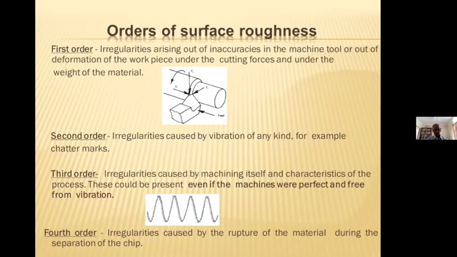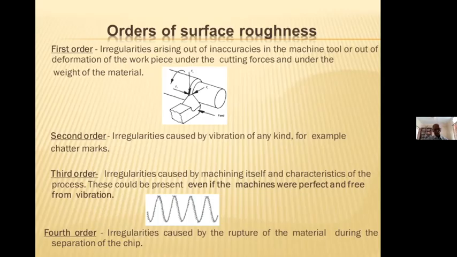Even then, there will be third order irregularities, and this is the main roughness that we get. And usually, for a single point cutting tool, it will be periodic like so. If we use a grinding wheel or some such other sort of machine tool, then the roughness will be random or non-periodic in a way.